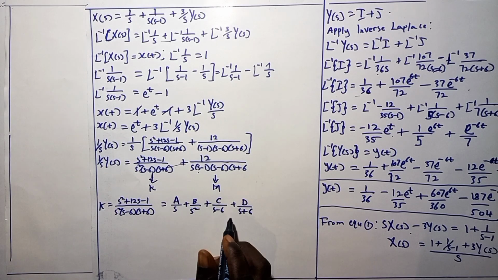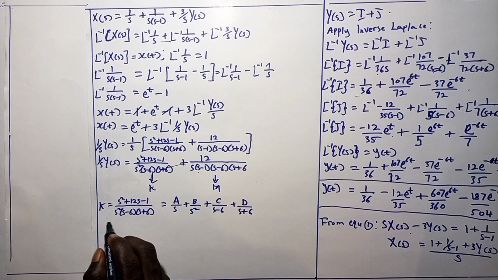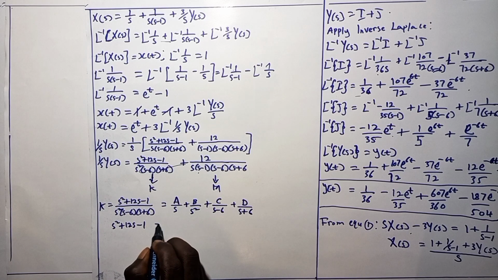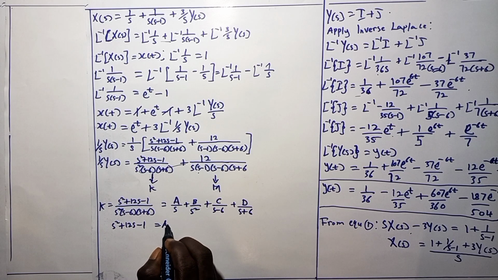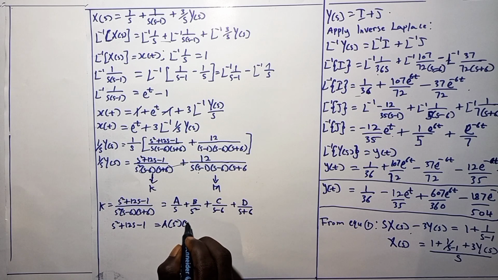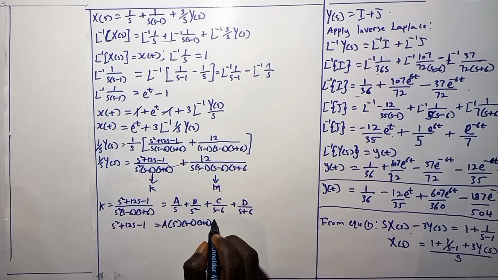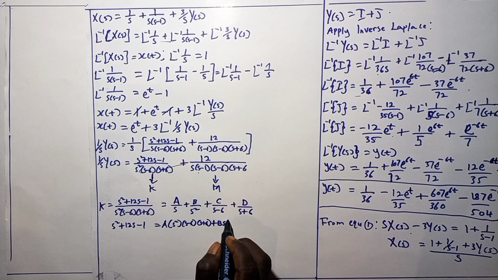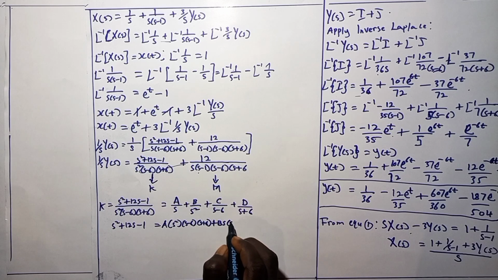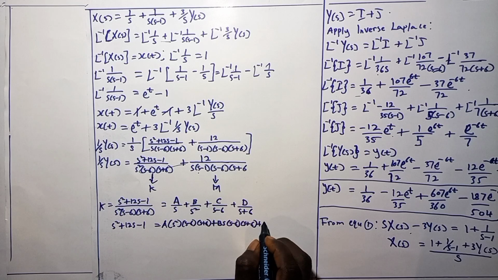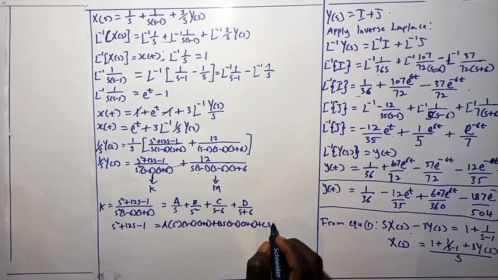So with the same approach, we now have s squared plus 12s minus 1 is equal to a s squared (s minus 6)(s plus 6), plus b (s minus 6)(s plus 6), we have c s squared.